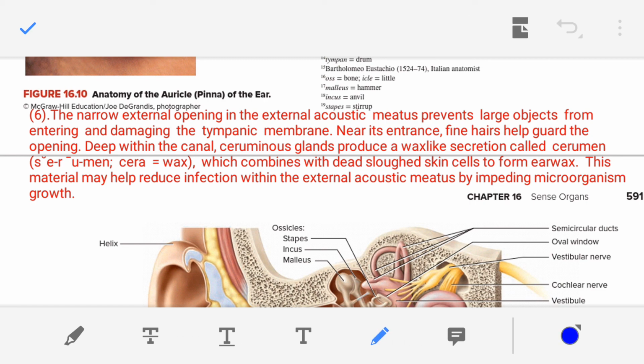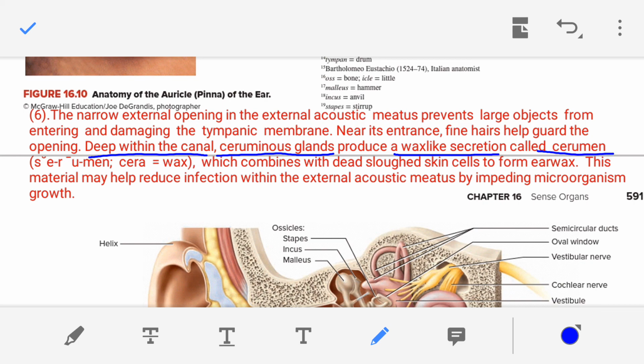Now in the wall of this canal, deep within the canal, ceruminous glands are present. Okay, so inside wall of the external acoustic meatus, the ceruminous glands are present, and these glands produce a wax-like secretion, and this secretion is known as cerumen.